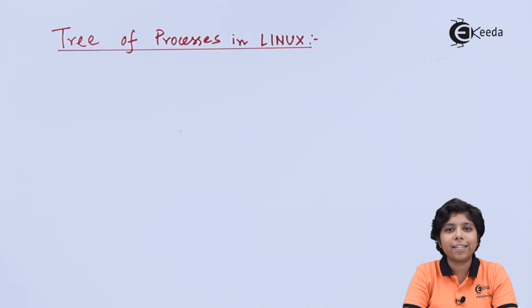Now we will see how a tree of processes is created in Linux and Unix, starting from the init process. The init is the root parent process. It is a user process of the tree of processes. Inside that, we will create the children of this init process. These can be login, the kernel thread, and the sshd processes.